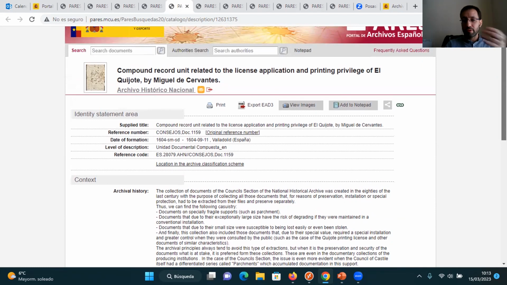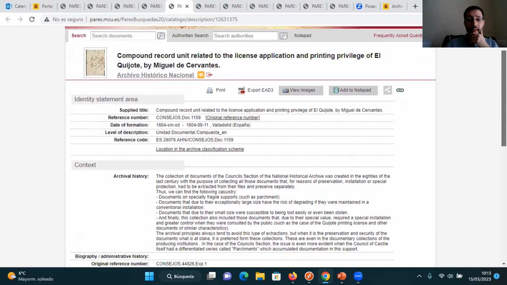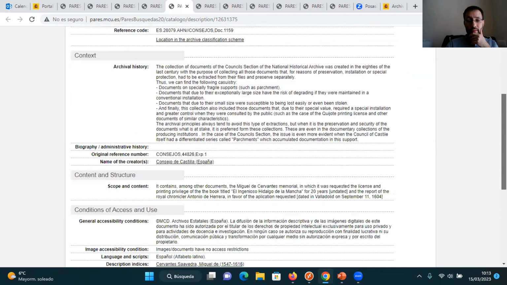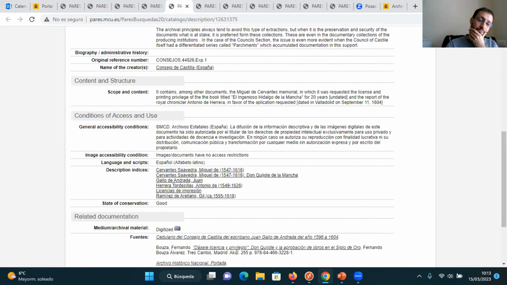We can see the description, the record, and that Miguel de Cervantes appears as an access point of this document description. It is Miguel de Cervantes Saavedra, and also Don Quixote de la Mancha, other people, and other concepts.